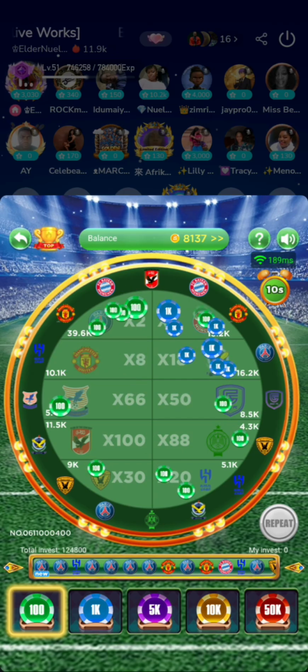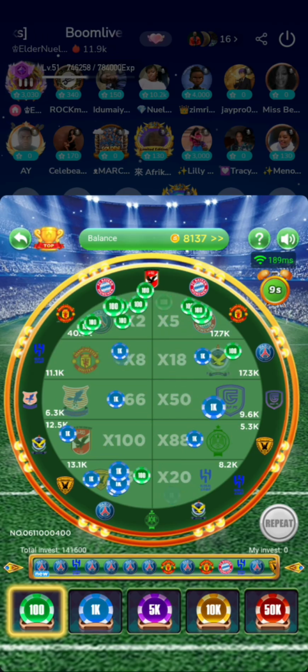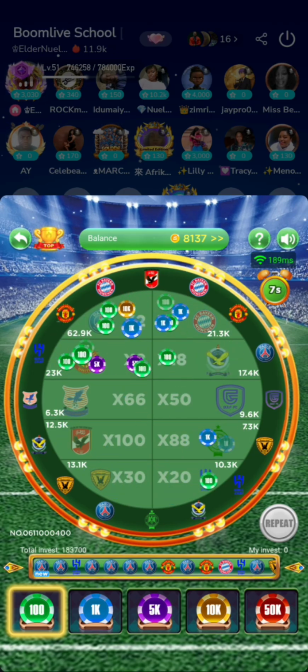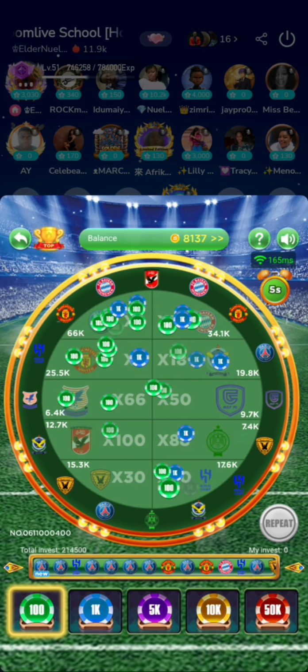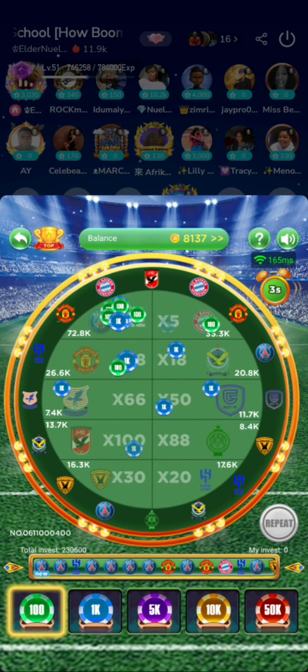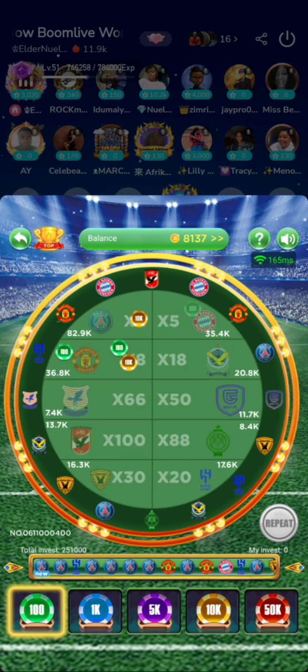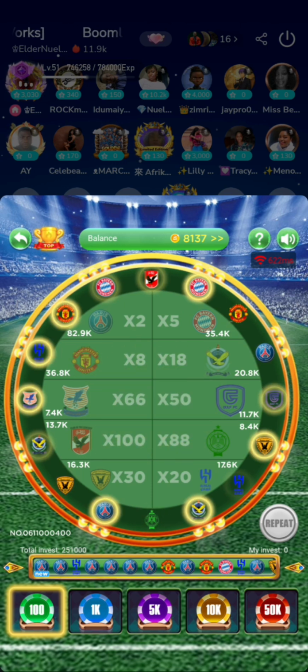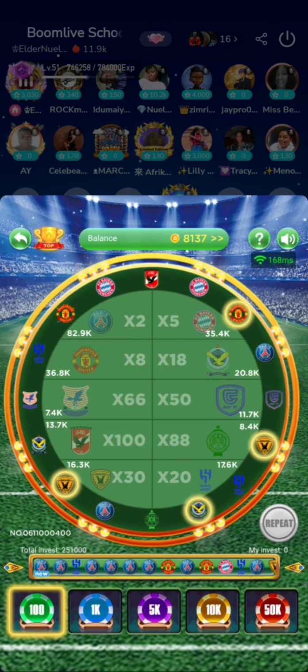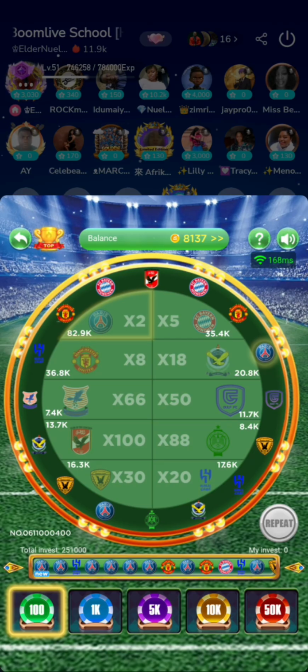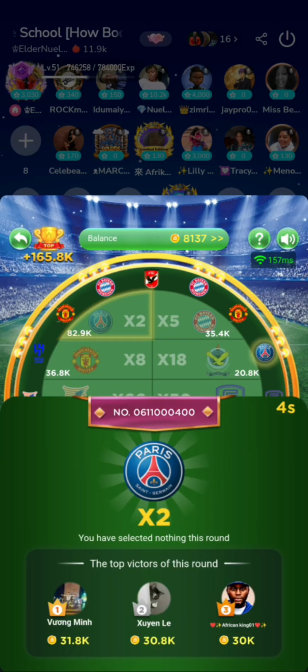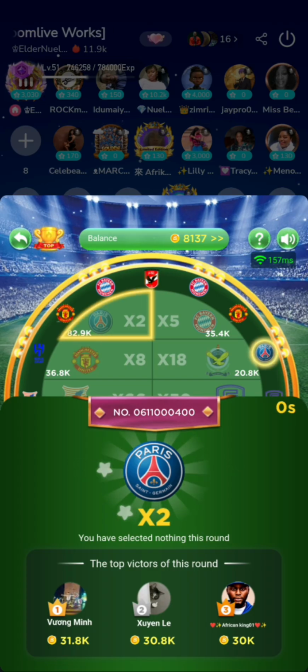Times 2 will come once or twice, then another big number will come, followed by another big number. There are times that all the big numbers just line up. You see times 18, the next number that will come is times 30, followed by times 20, followed by times 66. The big numbers can just line up like that. So if somebody is predicting on 2, they'll just be losing money.